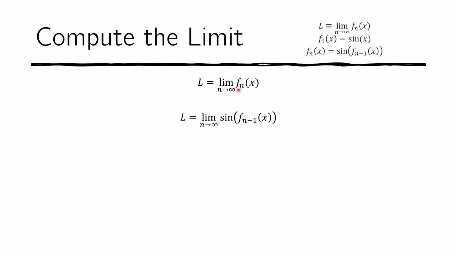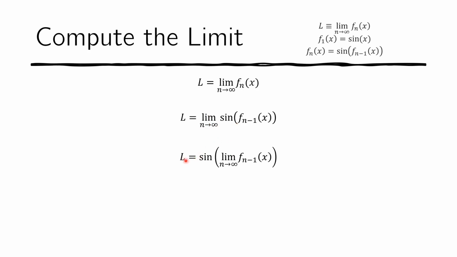Then we replace f sub n with its recursive definition, that's in terms of f sub n minus 1. Then we know that sine is a continuous function, and so we can put the limit inside the sine function. We're just moving this bit here into this bit here inside the brackets.